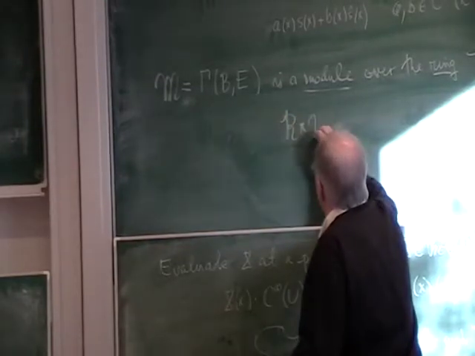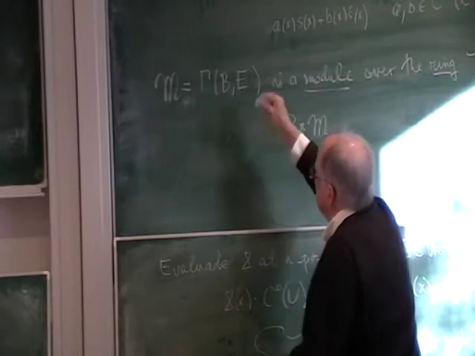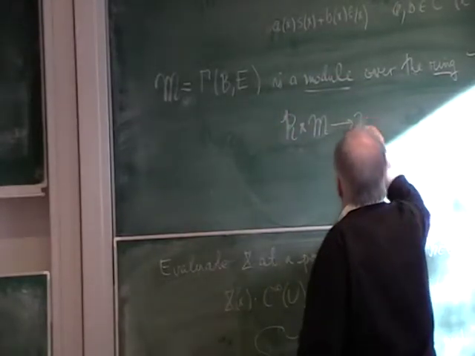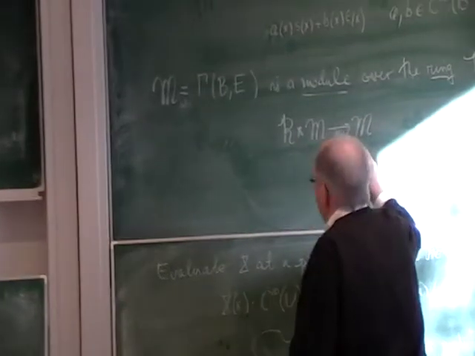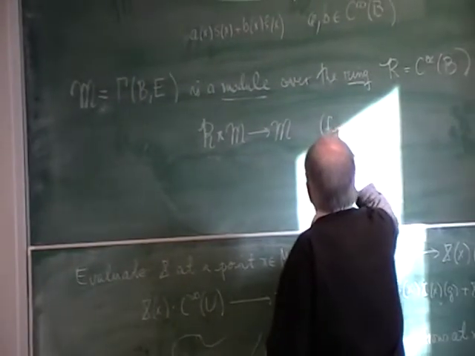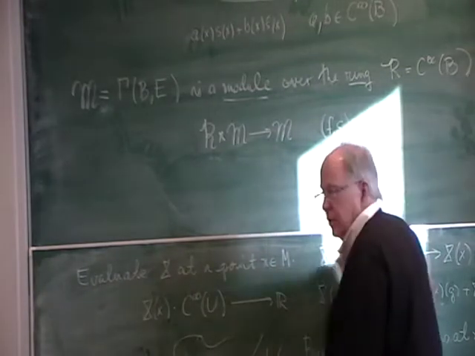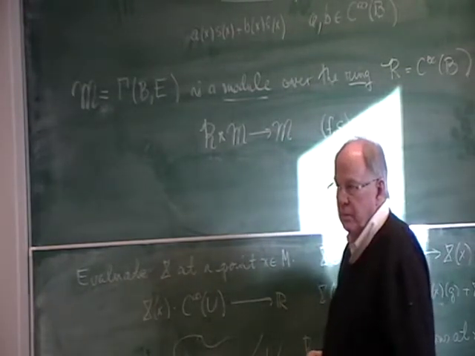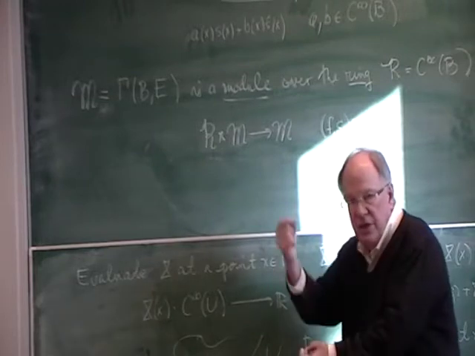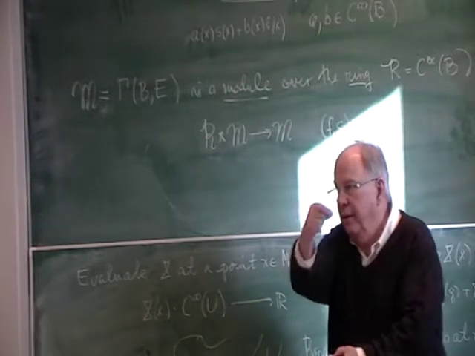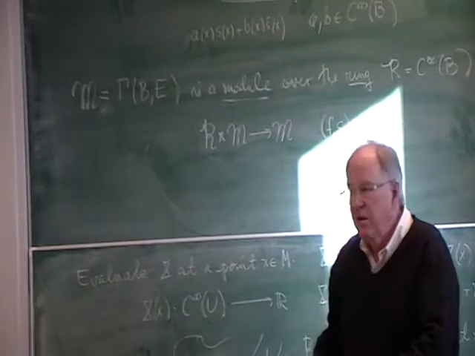This thing is an abelian group, but much better than that, you have a multiplication operation: if you have a function and a section, you can multiply the section by the function. That means in each fiber you're multiplying by a number, but this number is varying. It's fundamental that this is allowed.